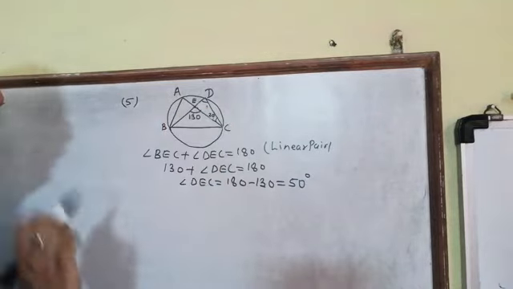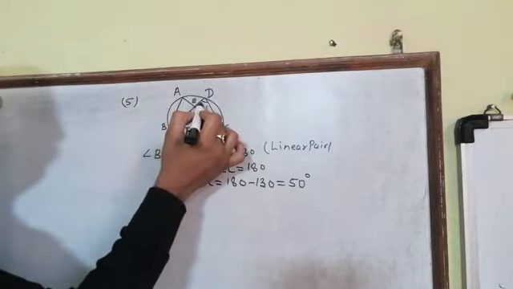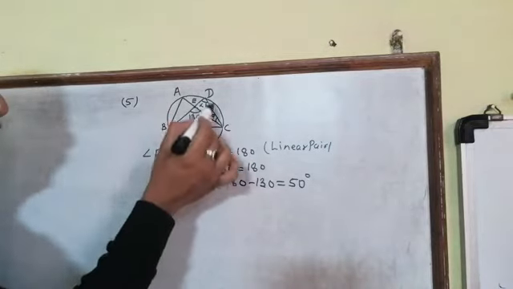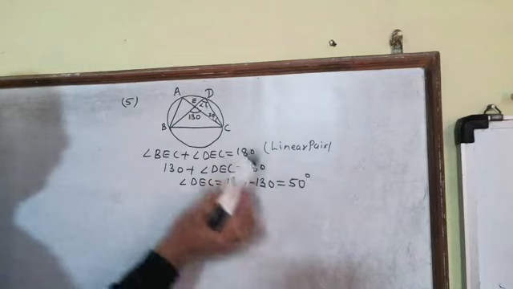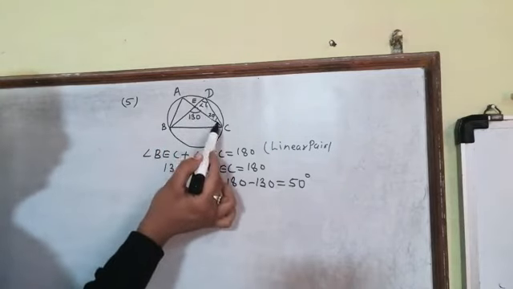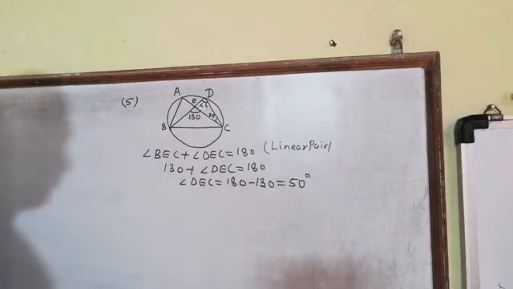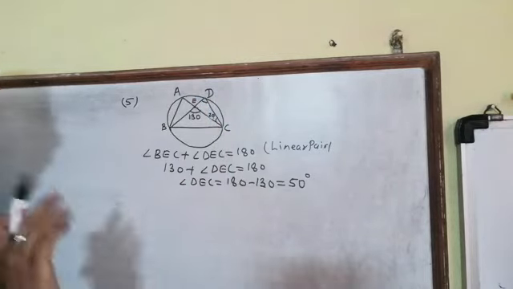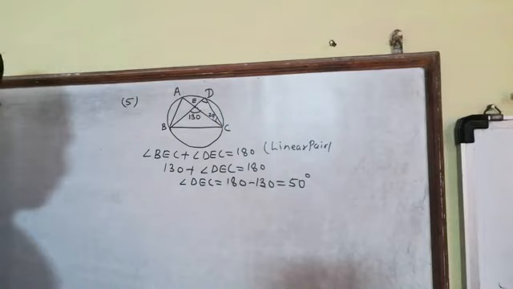Now at D, I am writing angle 1. Now these three angles we have: DEC I got 50, angle C is given, so easily I can find angle 1. Or if you don't want to write the 1, you can write the name EDC.